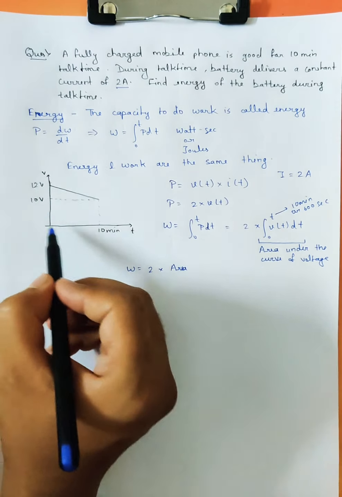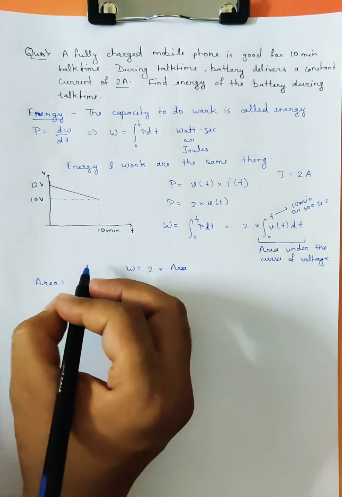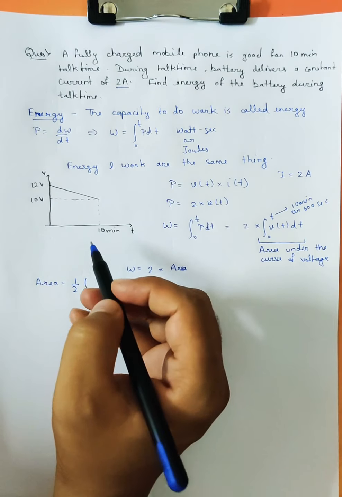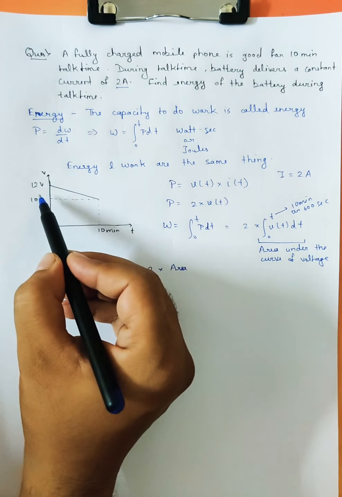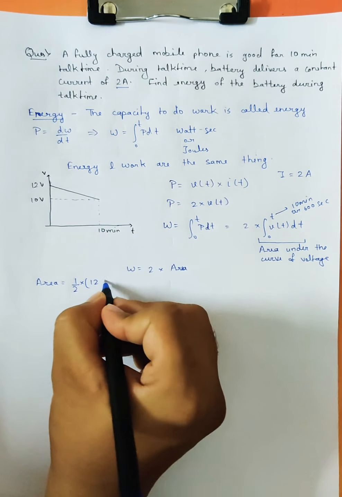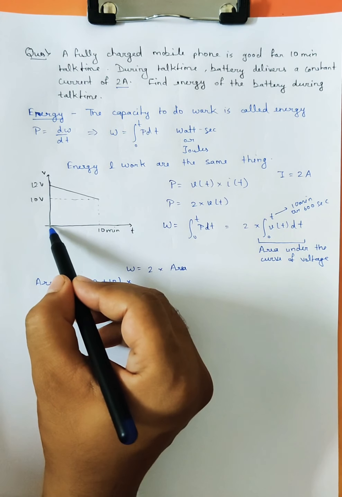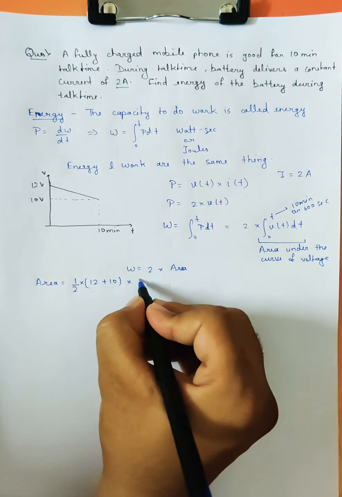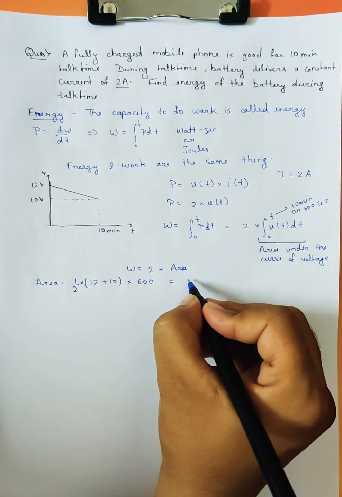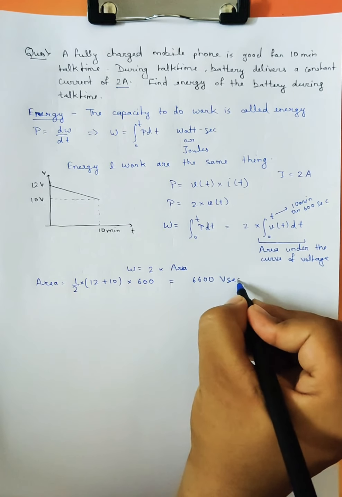Now first we will calculate the area under this curve. Area is equal to area of this trapezoid, which is half into sum of two bases, that is 12 plus 10, into the height, that is this time, that is 600, which is equal to 6600 volt seconds.